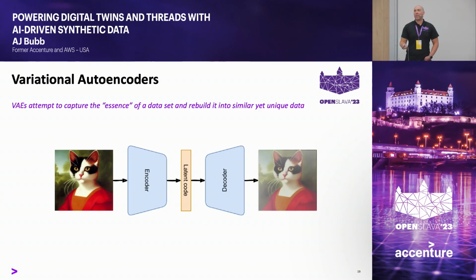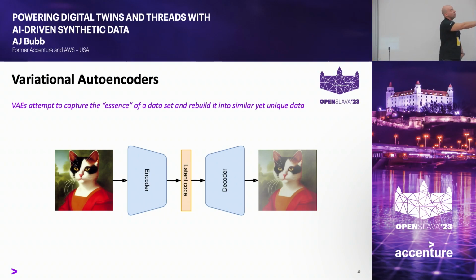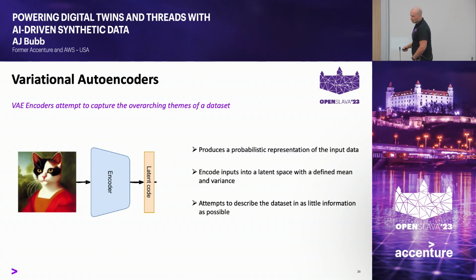The second method for generating synthetic data that we're going to talk about is variational autoencoders. It's a little bit the same, where you have a left to right workflow with an encoder and a decoder. What the encoder does is it tries to capture the essence of your data set. Think about it as a story, and the encoder is a storyteller.